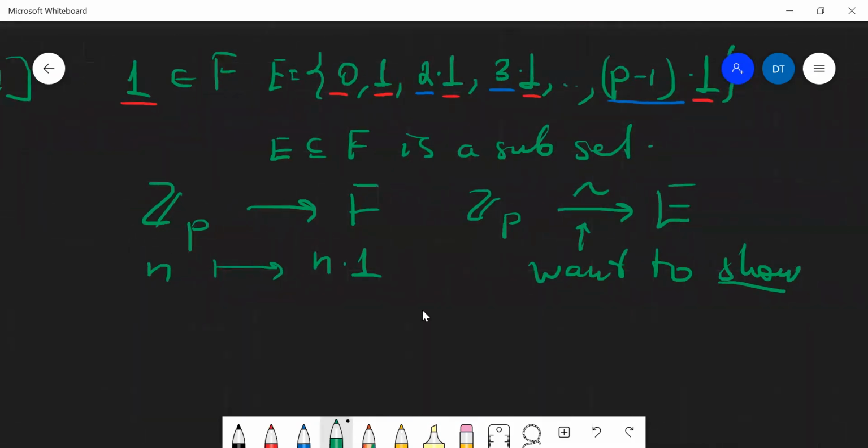So now we want to show that this subset E is actually a ring, and this ring is isomorphic to Z_p under this bijection.